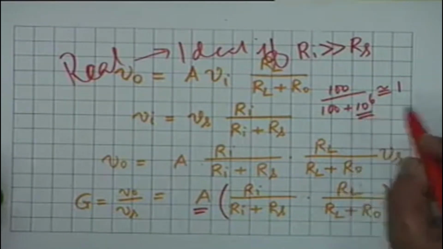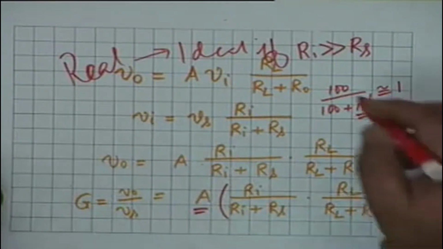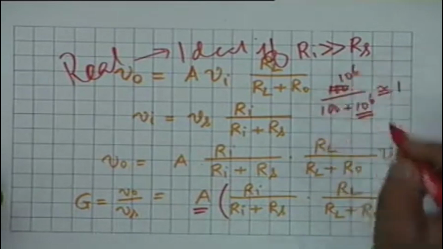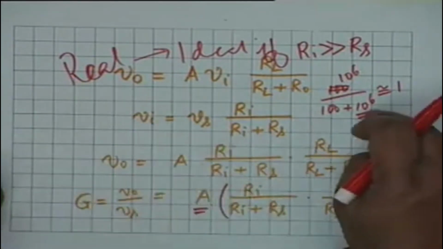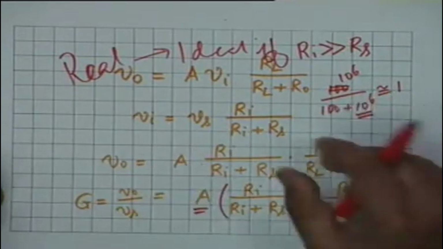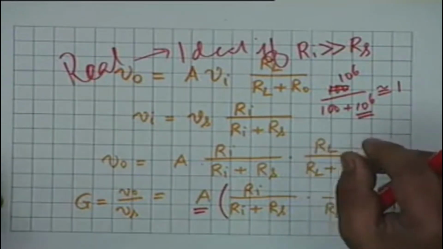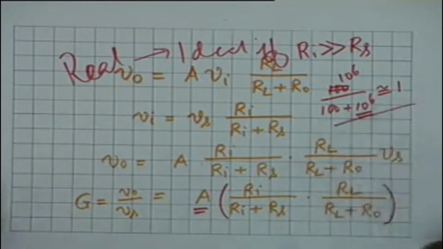Oh, I beg your pardon. It is 10 to the 6 in the numerator divided by 10 to the 6 plus 100. What is 100 to 10 to the 6? It is nothing. All right. And therefore, this is approximately 1.